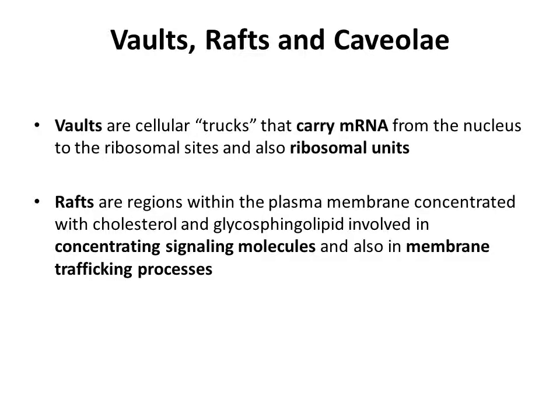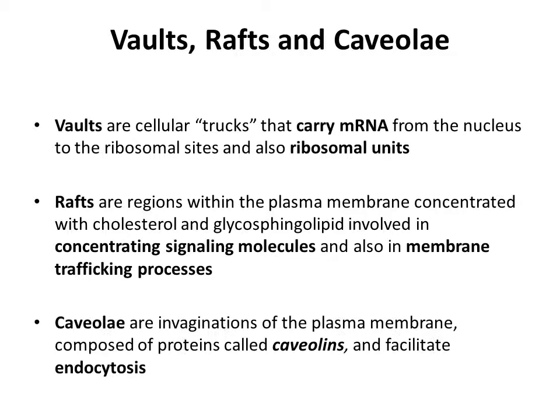They are regions within the plasma membrane which are concentrated with cholesterol and glycosphingolipid, and they are involved in concentrating signal molecules and also in membrane trafficking processes. Caveolae are invaginations of the plasma membrane composed of proteins called caveolins, and they facilitate endocytosis. They have other functions too, but these are the things that you should remember about these organelles.